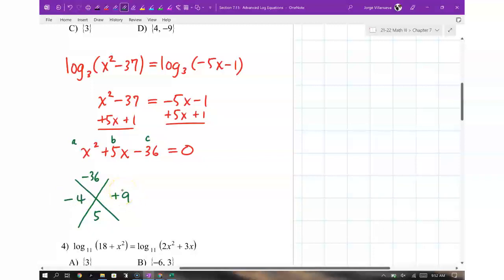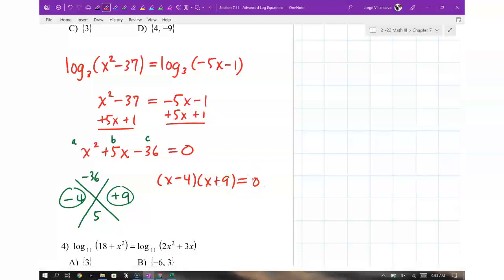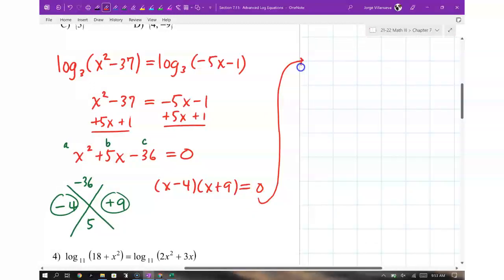Do I have to divide 4 and 9? No, because remember, you only divide if the number right here is not a 1, okay? But it is a 1. It's a equal to 1, so we're good. So here we go. I'm going to write down x minus 4, x plus 9 equal to 0. Remember, once you do that, you set up 2 separate equations, right? So I'm going to drag that over here.